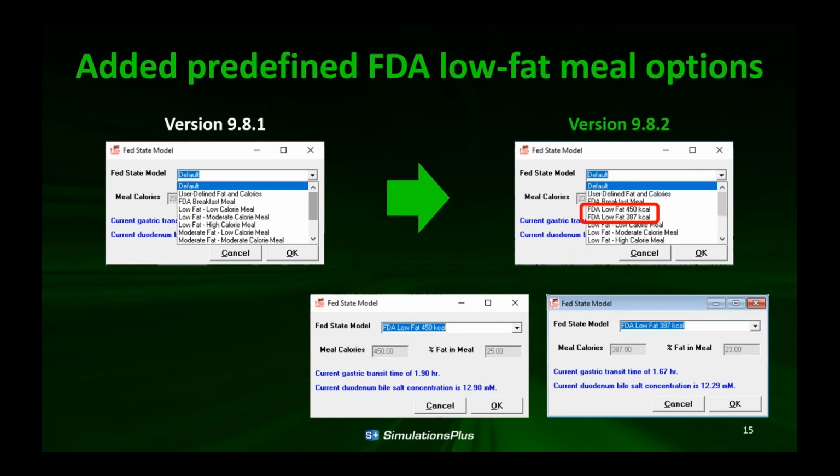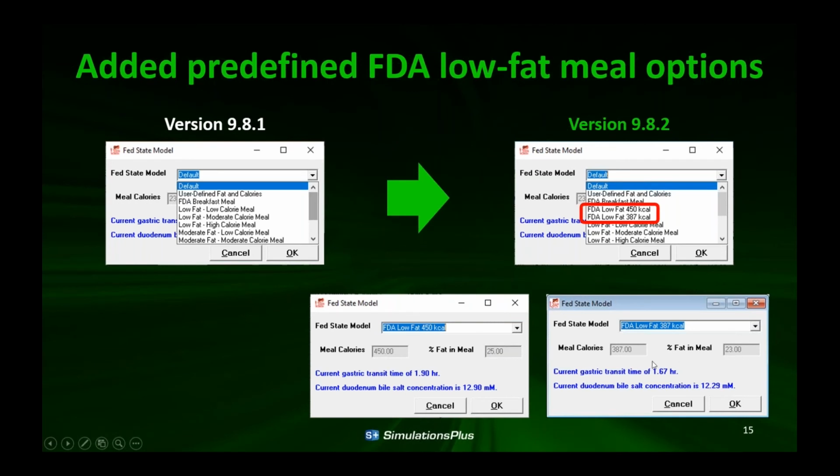Another improvement is in the ACAT model. We provided extra FDA low-fat meal options. These two meals are described in the food effect guidance. One is a low-fat 450 kcal, and the other is low-fat 387 kcal. In both of these meals, the percent of fat in the meal is close to 25%.